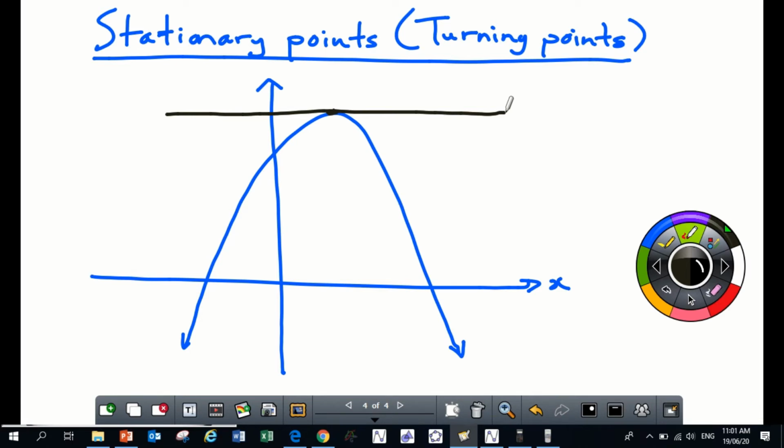Now the gradient here of the tangent is 0. Let me call this point A. So this is going to be equal to f prime of A, and both are going to be equal to 0. We're talking about at the turning point.